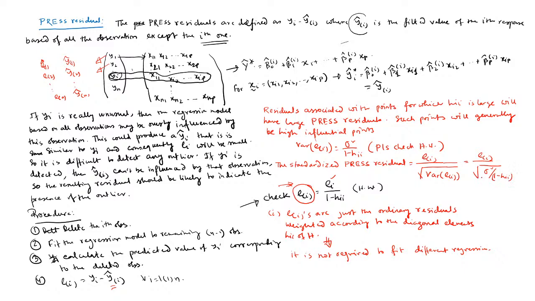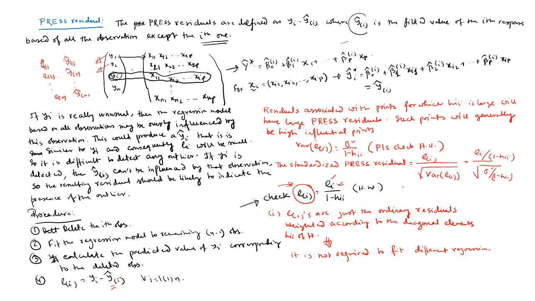So this is nothing but ei by 1 minus Hii, see this portion.